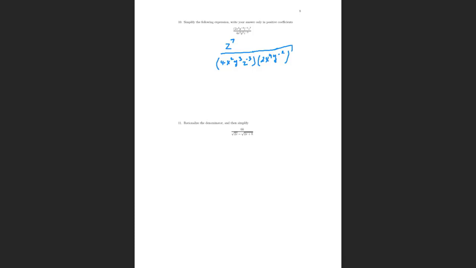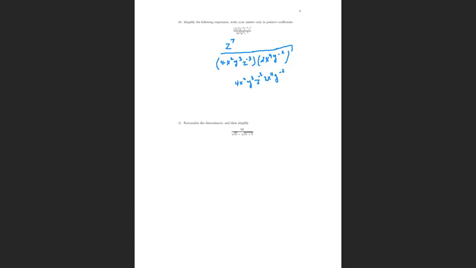Alright, so not too bad. The reason it became a positive 1 is because we took the -1 and brought it down, so it becomes positive. So for this part, it's just going to be 2x to the 4th. We're just looking at the denominator right now, and y to the -2. And for this part, you're going to have 4x squared, y cubed, and z to the -3.